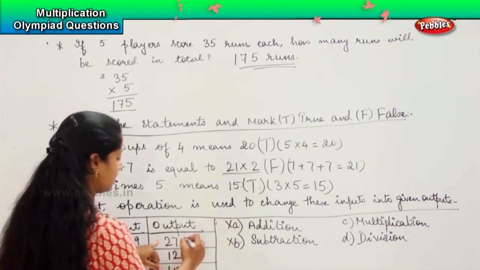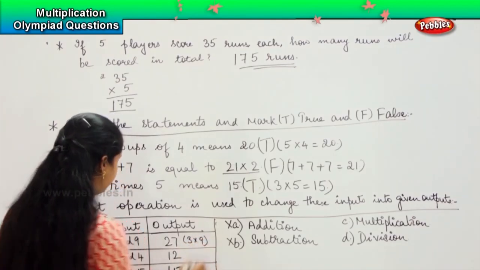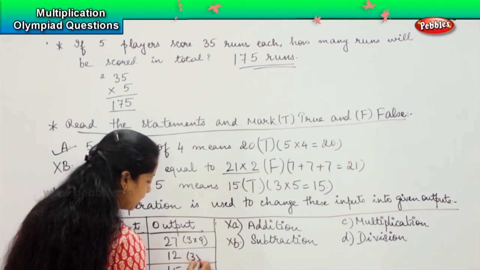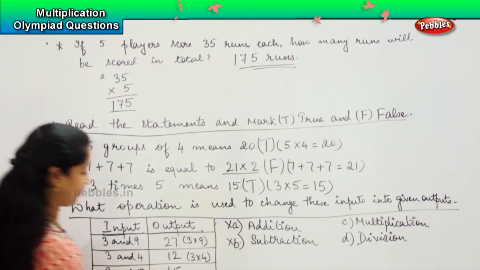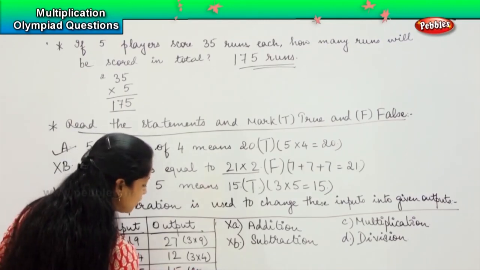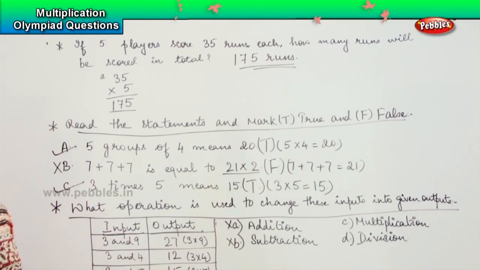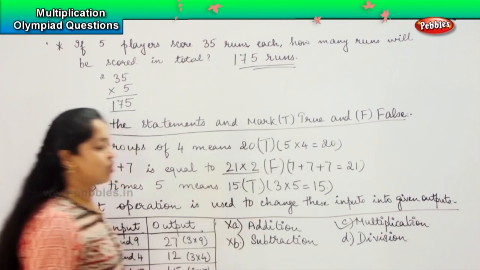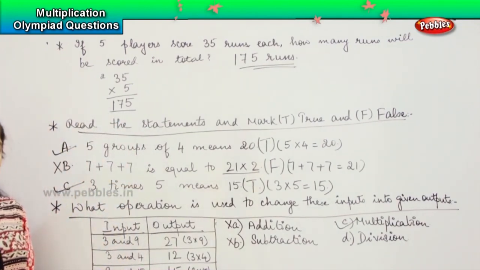It is correct here? Yes. So 3 into 9. 3 and 4, 3 into 4. Next one, 3 and 5, 3 into 5. So in all three cases, multiplication is working out, right? So my correct option is option C, which is multiplication. Understood, children? Shall we move further?